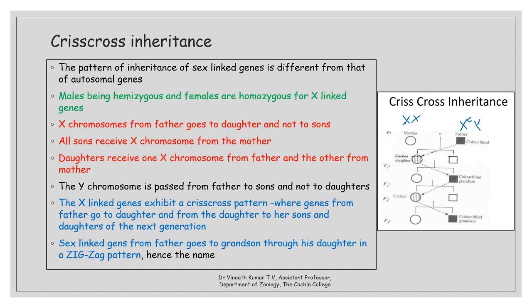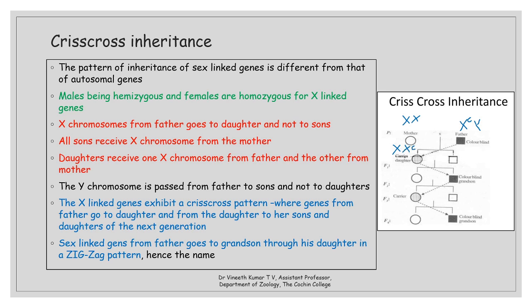So this daughter, a circle as female, receives one X chromosome from the mother, which is normal, and the other X chromosome is definitely from the father, which will be an affected X chromosome.